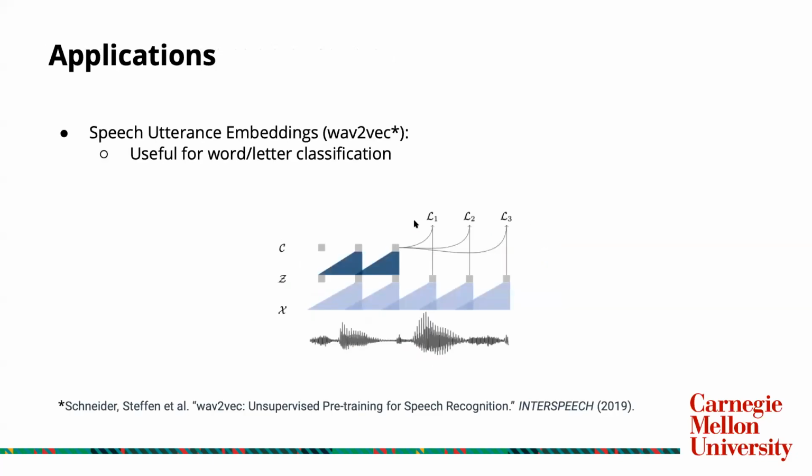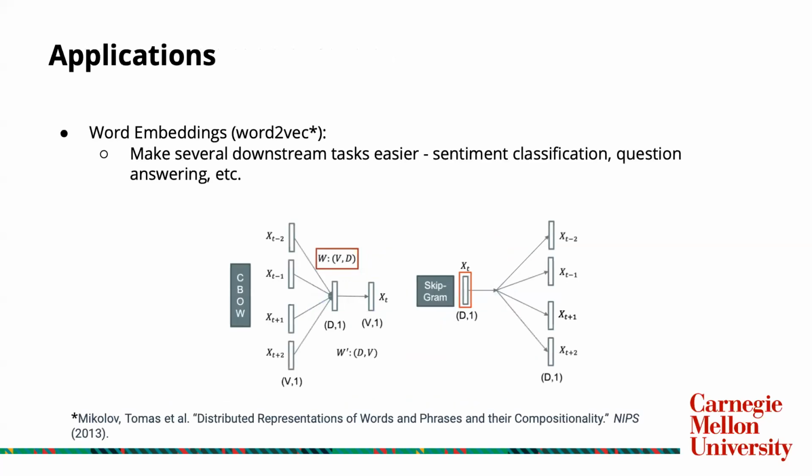So let's speak about some other applications of representation learning, apart from the ones that we've seen before. The one that's perhaps the most popular or most famous in NLP is called word-to-vec, and many of you might have come across this already.